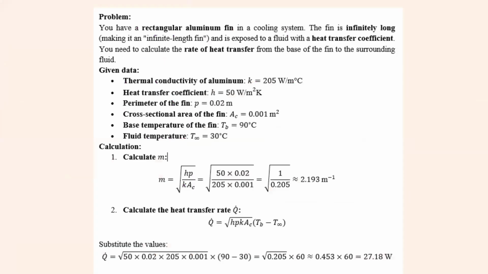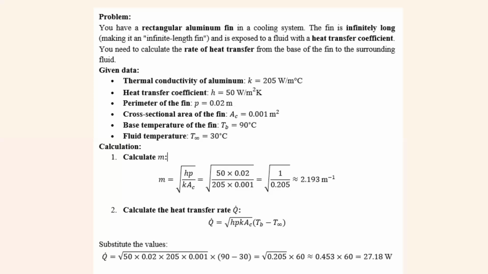Now we have a problem to understand better the concepts that I have explained. You have a rectangular aluminum fin in a cooling system. The fin is infinitely long and is exposed to a fluid with a heat transfer coefficient. You need to calculate the rate of heat transfer from the base of the fin to the surrounding fluid.